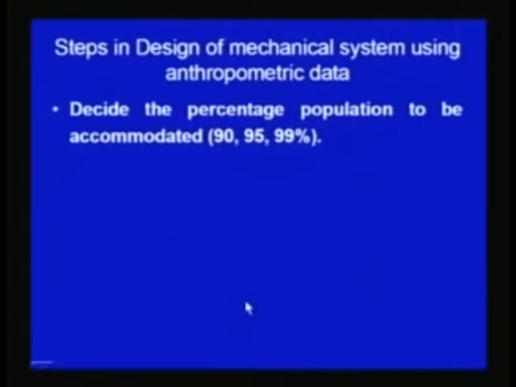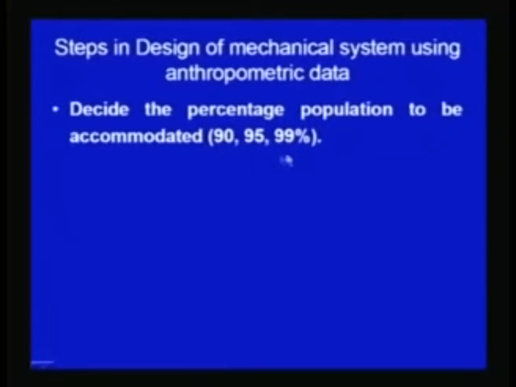Other steps in design of mechanical systems using anthropometric data include deciding the percentage of population which is to be accommodated. This percentage of the population is decided in case of the principle for extremes and the principle for adjustable range.